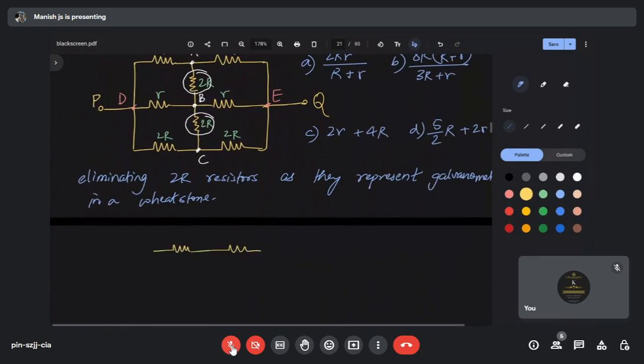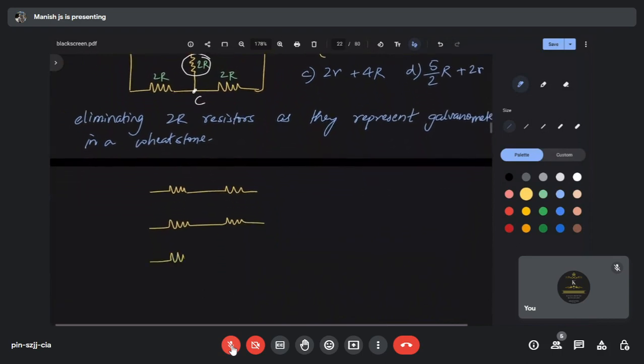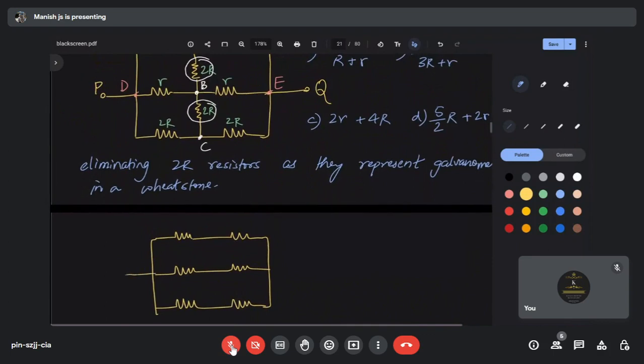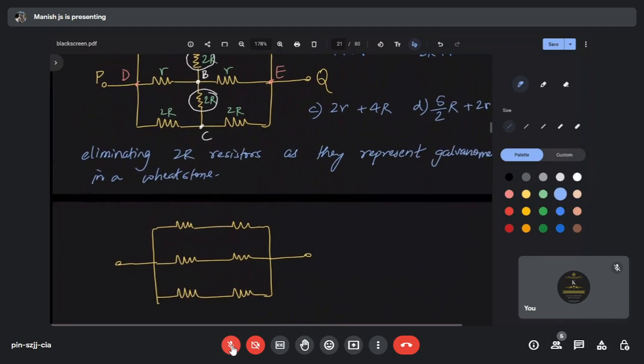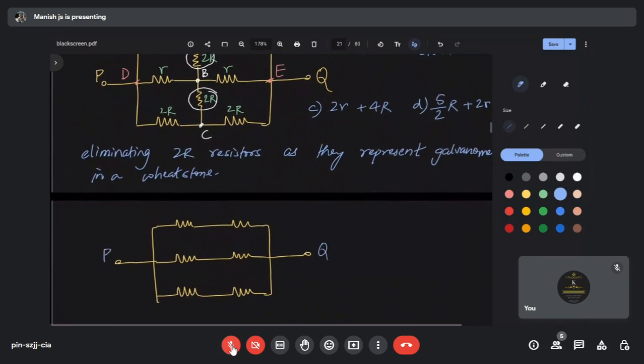So you will have resistors like this. This is P and this is Q.